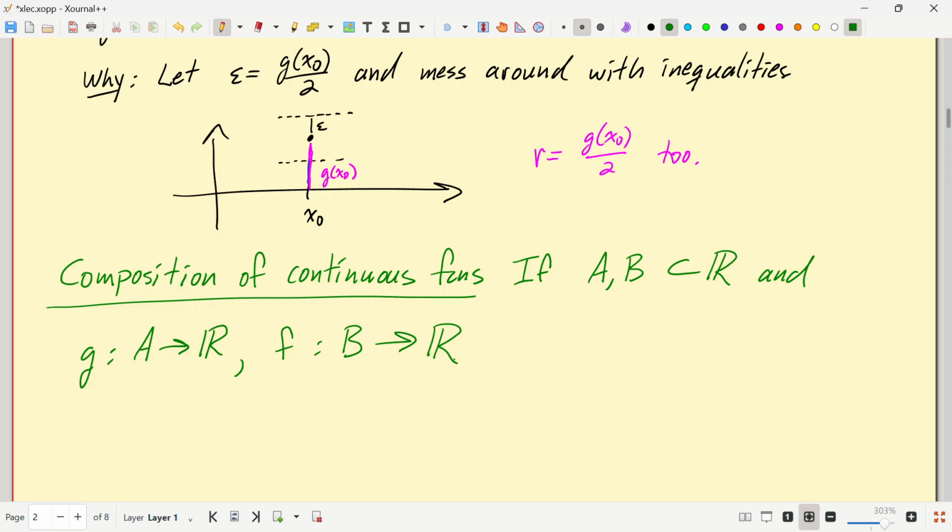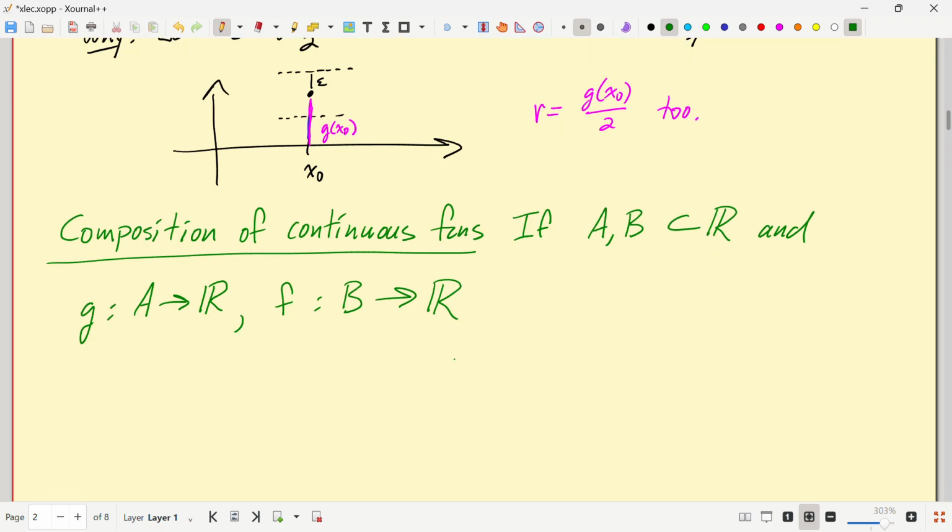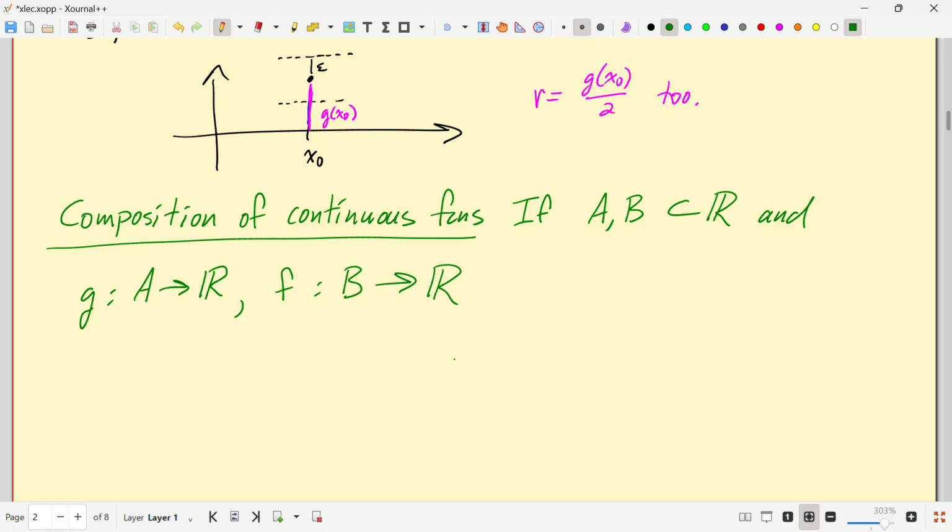And here's an important thing. If I'm going to compose continuous functions, I need to know that the range of G is contained in the domain of F. So these things both need to be continuous on the sets.